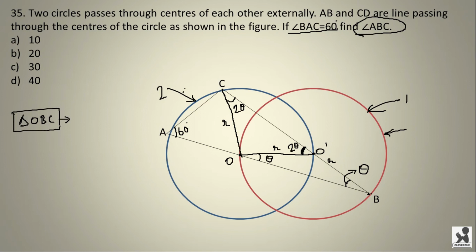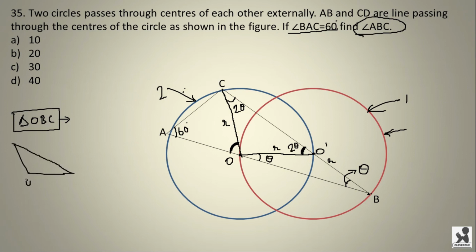In this triangle OBC, the value of the external angle is the sum of opposite angles. Now in this triangle we have the opposite angles as 2 theta and theta. Let me draw another triangle over here.